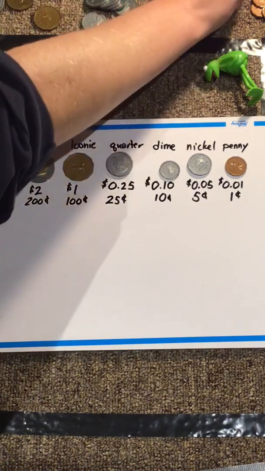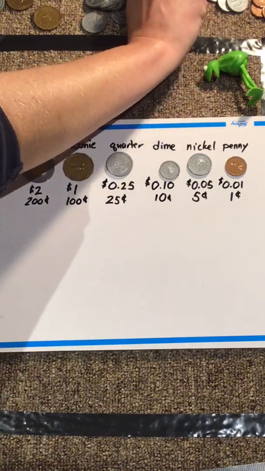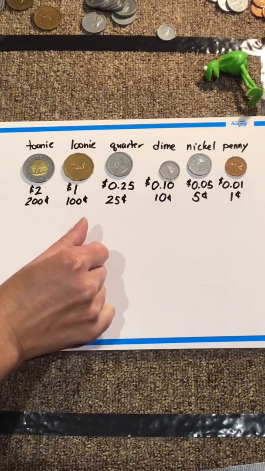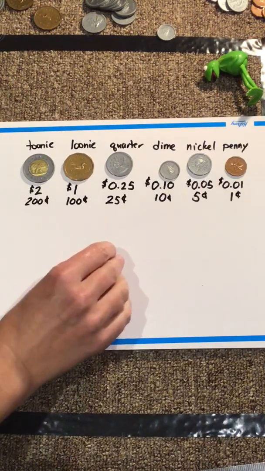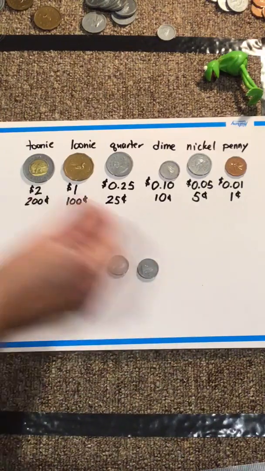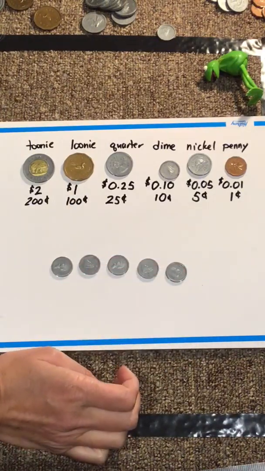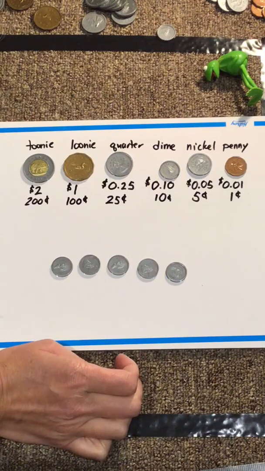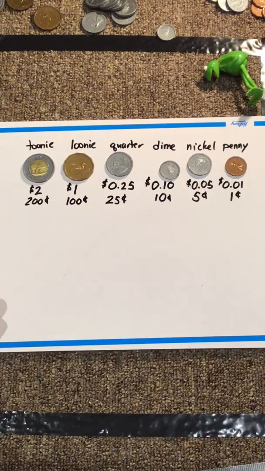All right, counting by dimes. Counting by tens, right? 10, 20, 30, 40, 50, and so on and so forth. If we had 10 of them, we'd have $1, but we don't.